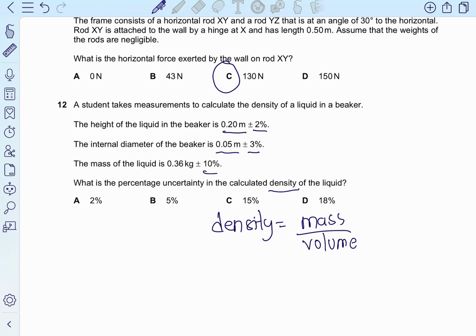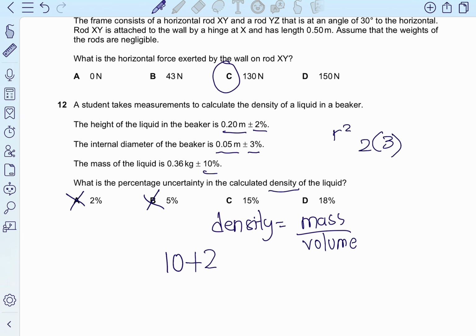What is the percentage uncertainty in the mass? It's 10%. So the minimum value has to be 10%. We cannot have anything below 10%. Now, volume is given by basically the surface area into the height. The height has a percentage uncertainty of 2%, so I'll be adding the 2%. Whereas the internal diameter has a percentage uncertainty of 3%, so the radius will also have a percentage uncertainty of 3%. And when we find pi r squared, which will be the area, we are raising r to the power 2, so we have to multiply the percentage uncertainty by 2 as well.